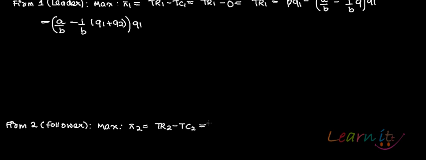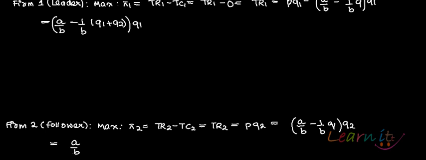But since there are no costs, it is equivalent to maximizing total revenue. Total revenue in this case is P into Q2, which would mean A by B minus 1 by B Q into Q2, which is equivalent to A by B minus 1 by B, and in place of Q, you write Q1 plus Q2, into Q2.